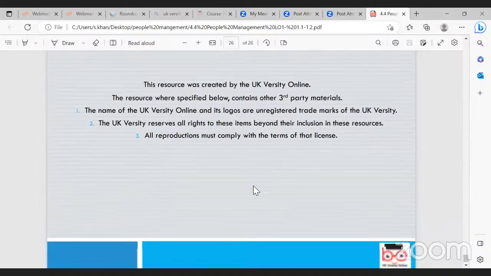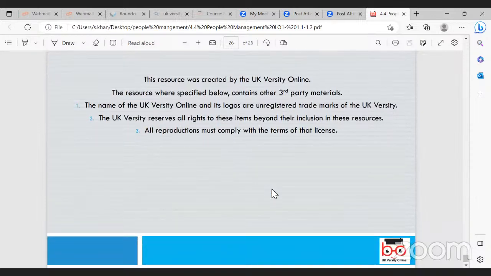So what we're going to go on to now is the second part of learning outcome 2, which is in regards to the legislation side of it. Okay, so let me just share a new document.